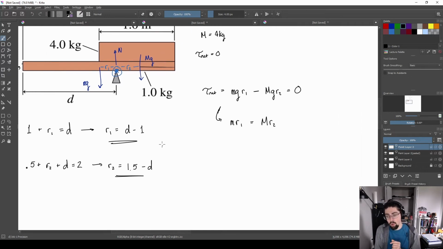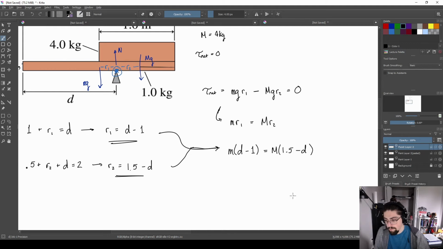So now I'm going to take these two equations and plug them in. What this is going to become is m times d minus 1 is equal to capital M times 1.5 minus d. Might as well throw in these numbers at this point. Little m is 1, big M is 4.